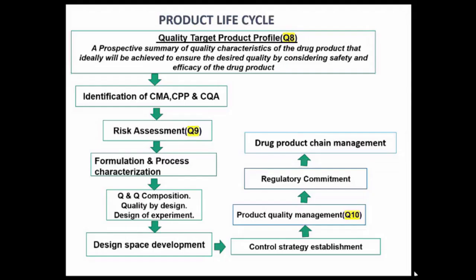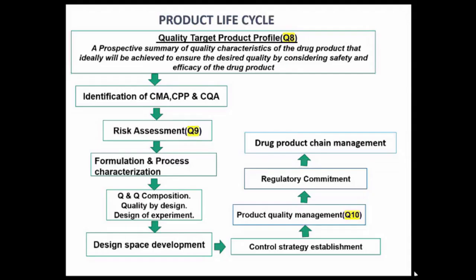So by considering all these, before going for the Q&Q composition, you have checked whether the raw material feasibility with the process is friendly or not. Before the Q&Q composition, one more thing you have to evaluate: any safety related issues with the raw materials, not only API but any other raw materials.